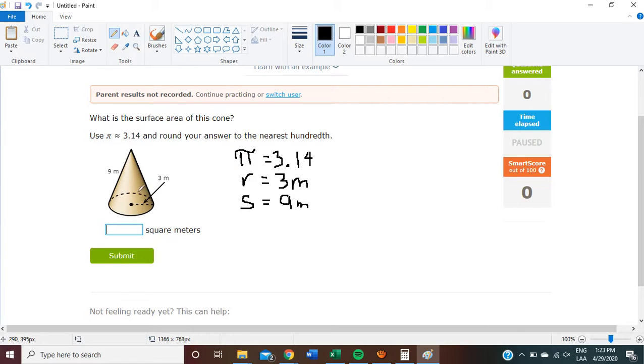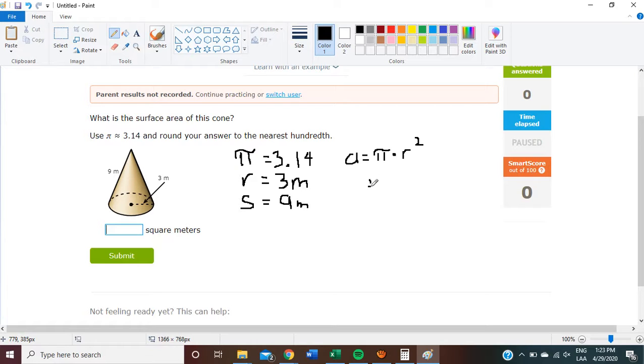So to get this, we need pi times the squared radius, right? To get the area of the circle equals pi times the squared radius. So this is the formula of any circle.